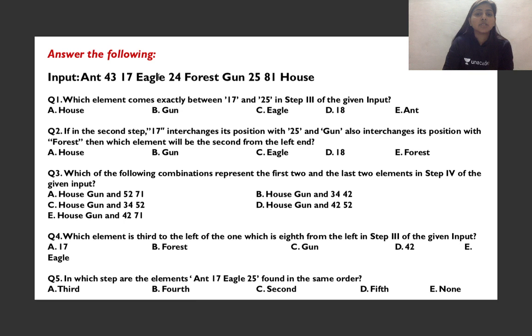After that the numbers, but you will also have to reverse them. 43 will become 34, 17 will become 71, 24 will become 42, 25 will become 52, and 81 will become 18. So the numbers will be 34, then 42, 52, and then 71.